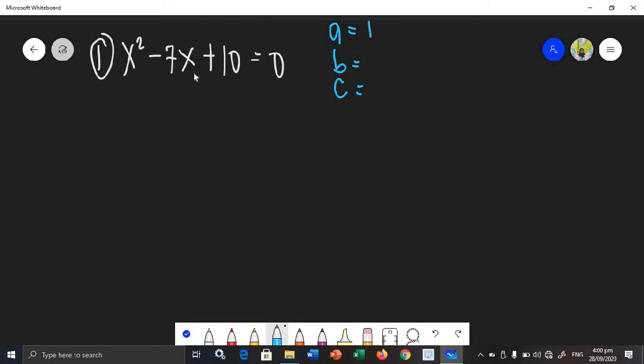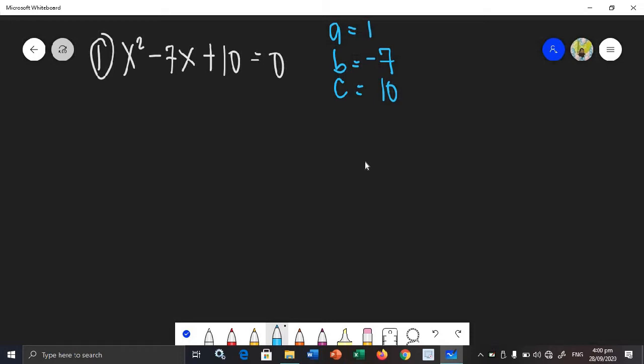Okay? The value of b is, yung b is yung coefficient ng linear term. Okay? So, negative 7. And then your c is your constant term, which is 10. Constant term is mga terms na walang variables.